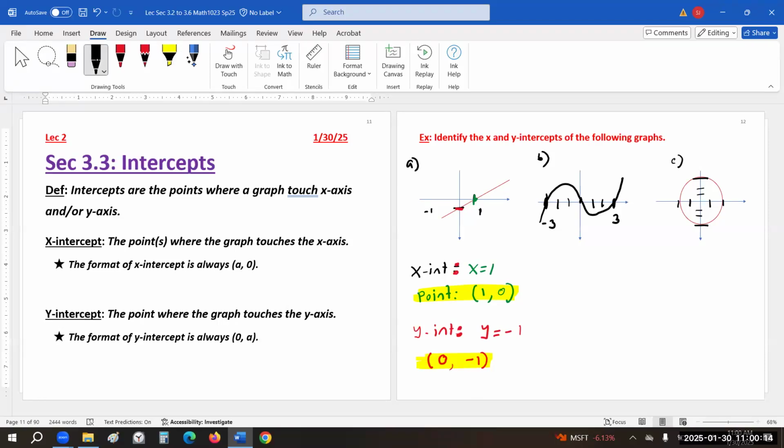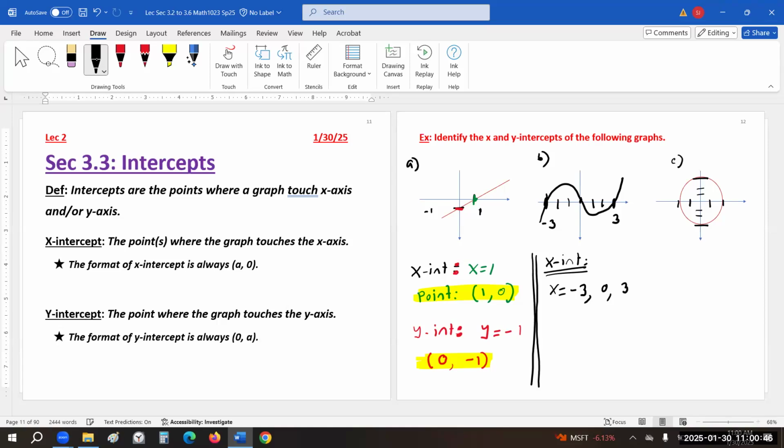Any questions so far? No? Then let's see the next one. Who wants to volunteer for B, for the x-intercept? Go ahead. Wonderful. -3, 0, 3.